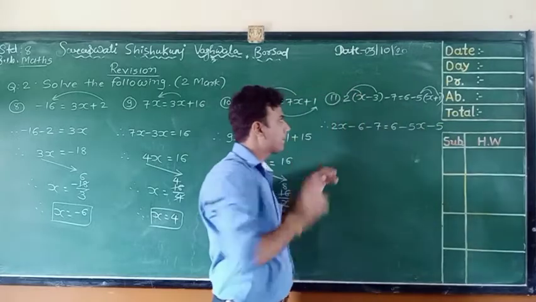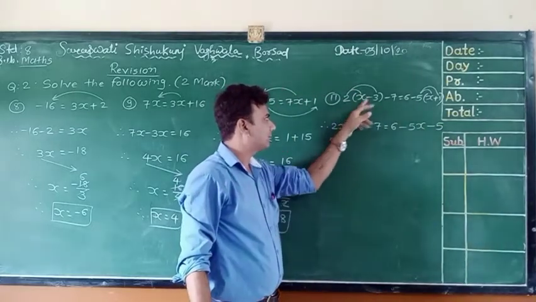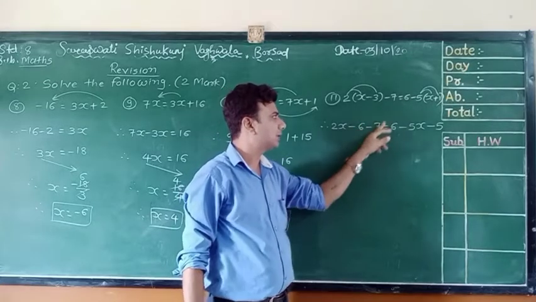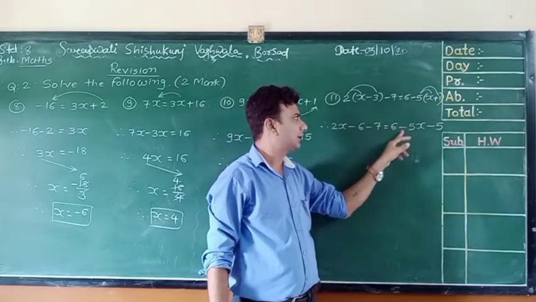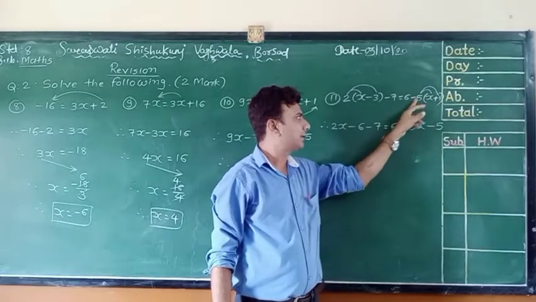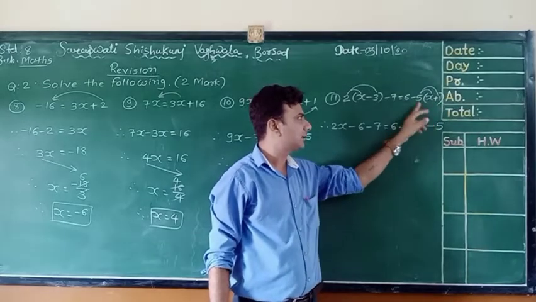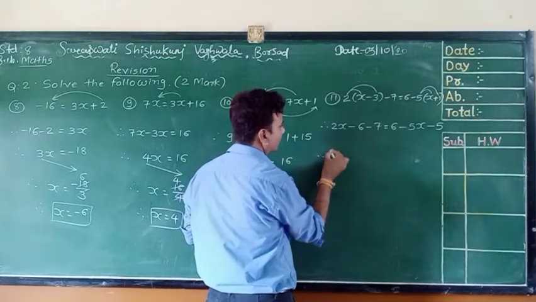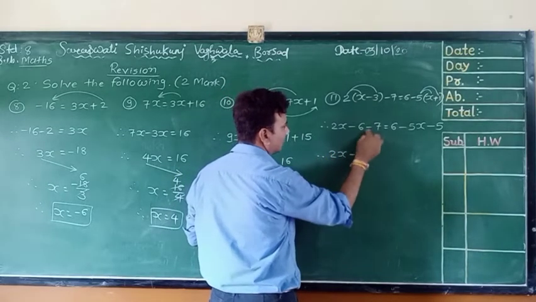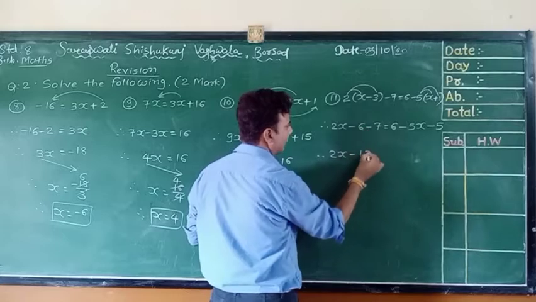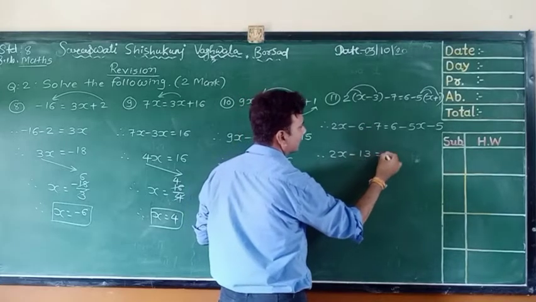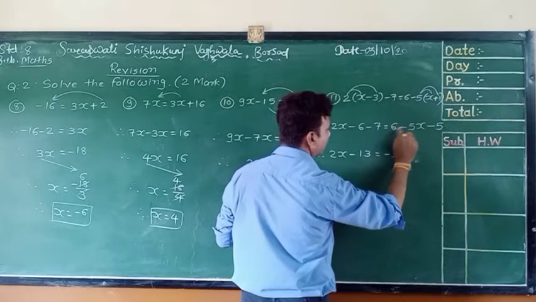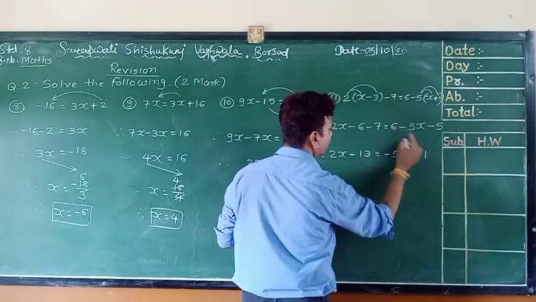Once again this 2x minus 2 3s are 6, minus 7 equal to 6 minus 5x, and this side will become minus 5 over 5. Now here 2x minus minus plus 6 plus 7 is 13 and the bigger term's sign is minus. Here minus 5x, and this plus minus minus 6 minus 1, and the bigger term's sign is plus.